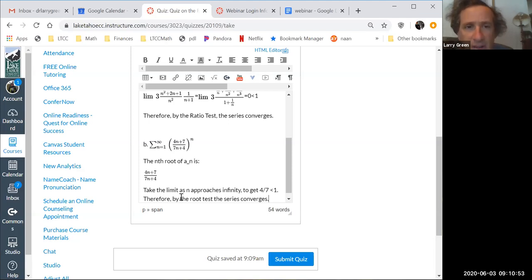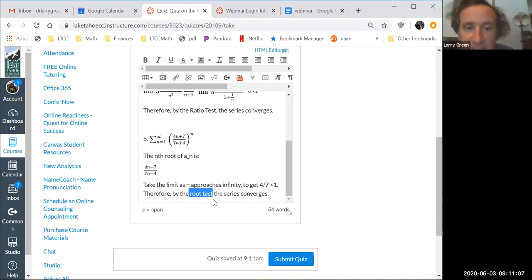Any questions at all about A or B for this quiz? Okay, I do want to remind you, I take off points if you don't specifically state the test you're using. The root test in this case, maybe I'll even capitalize it to make it louder.